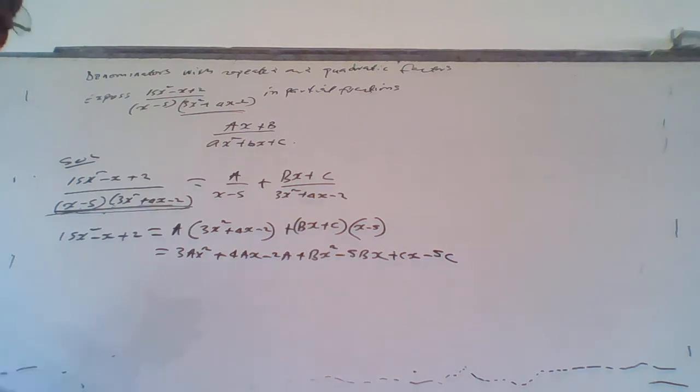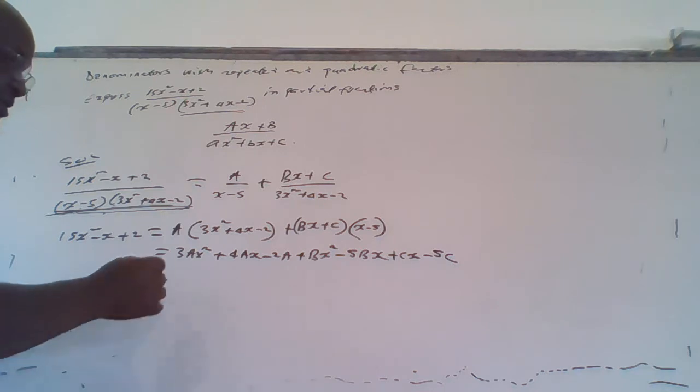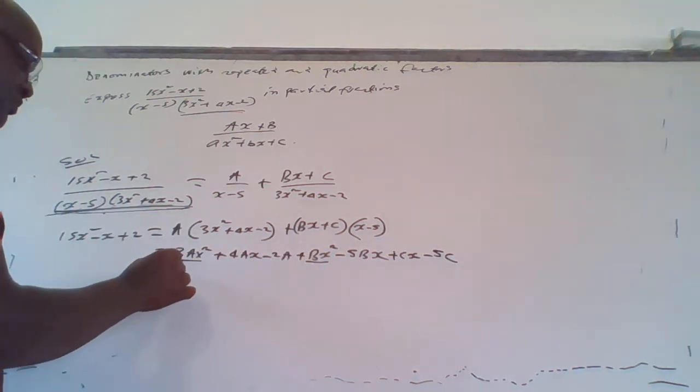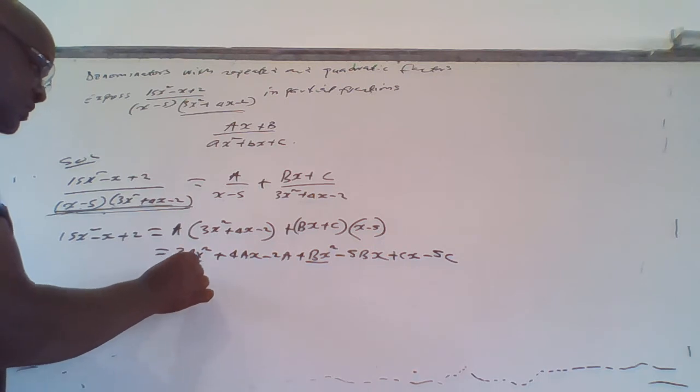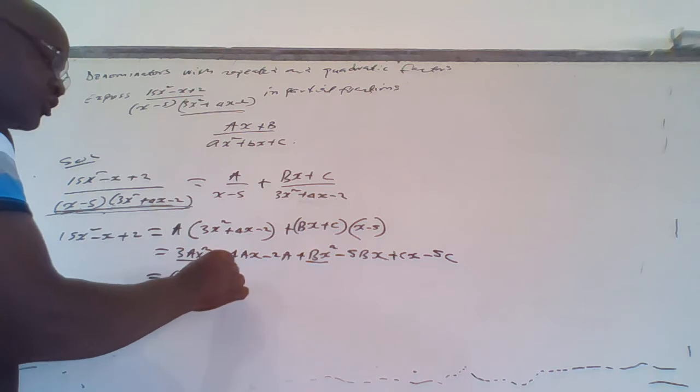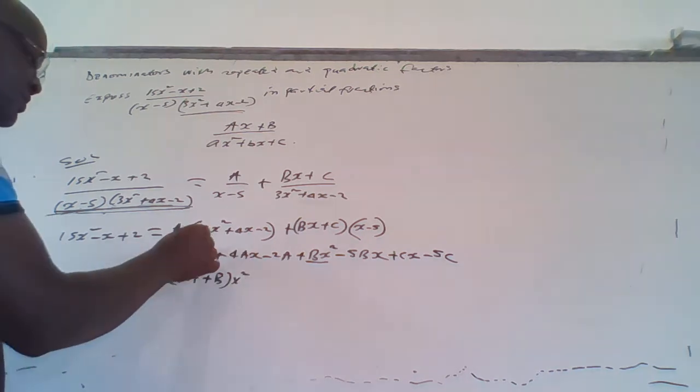At this point, we collect like terms. Those that have x squared equal 3A plus B, and we factorize out x squared.